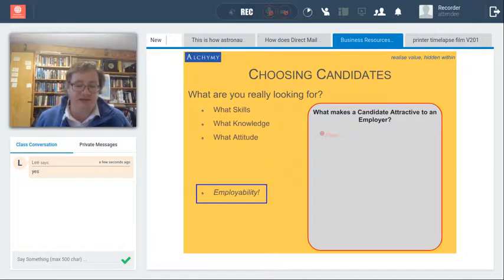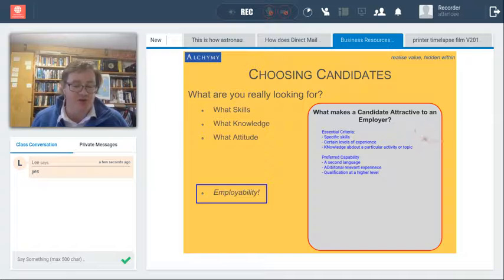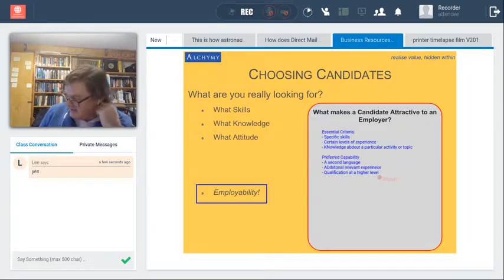All of these are some of the things we might go looking for, and they will be based on what we define as the requirements of the job. That can be quite different because every job is different, obviously, so the requirements will vary a lot.